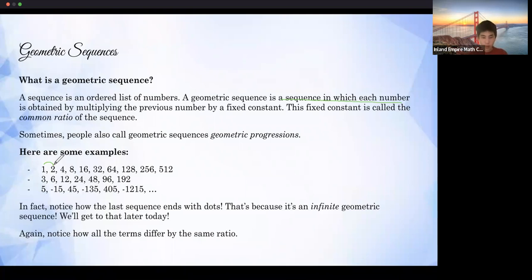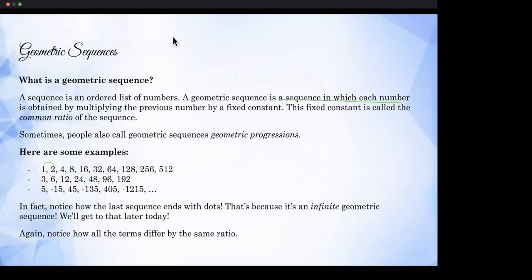Jasper, what do we multiply 1 by to get 2? 2, really good. Let's look at the next number in the sequence, which is 4. What number do we multiply 2 by to get 4? Joyce or Lloyd? 2.